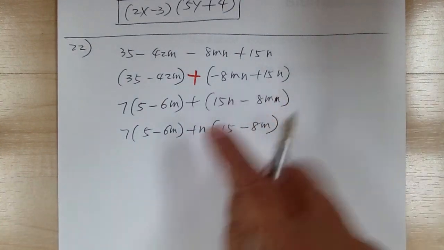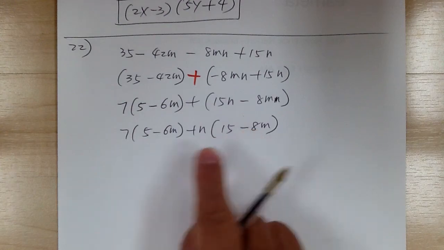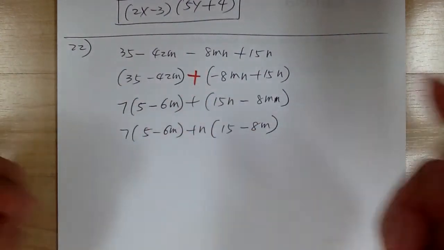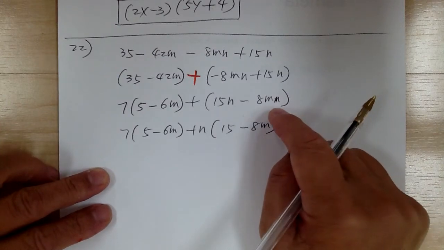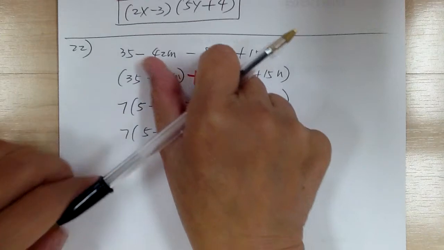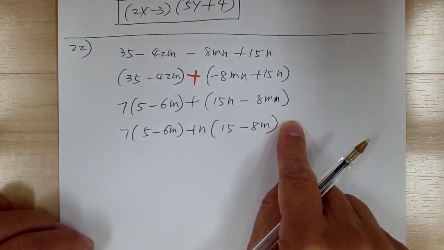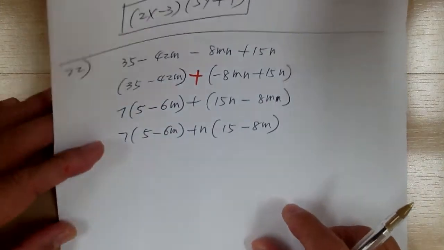Okay, so now notice it doesn't work, right? So in this case, what you need to do is rearrange the terms. Since you got m over here, let's regroup it. So again, if it doesn't work, if it gets all messed up like this, you have to rearrange the terms.